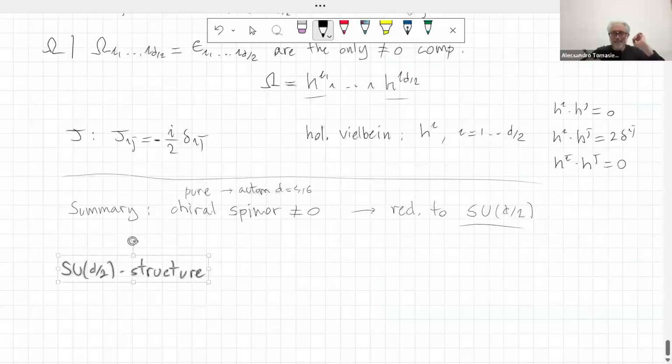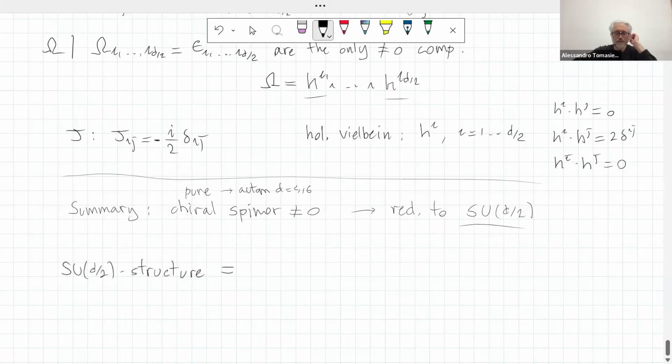Very good. So we can now study this reduction to SU d/2 in more detail. So people just call this an SU structure.